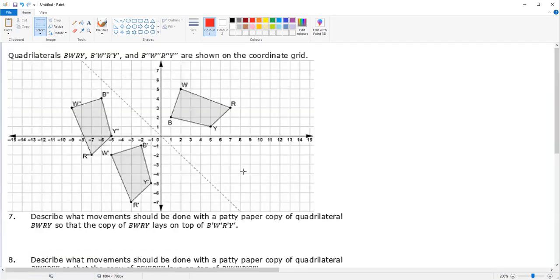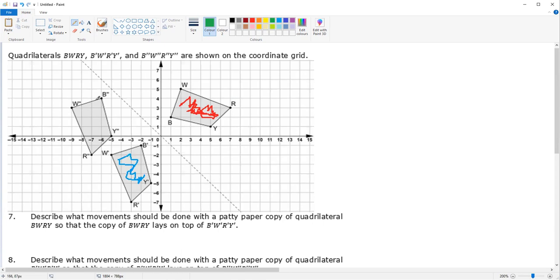Okay, all right, so we got three quadrilaterals: BWRY, the prime of BWRY, and the double prime of that one. This one is going to be red, my initial one. The next one is going to be blue, the prime one.